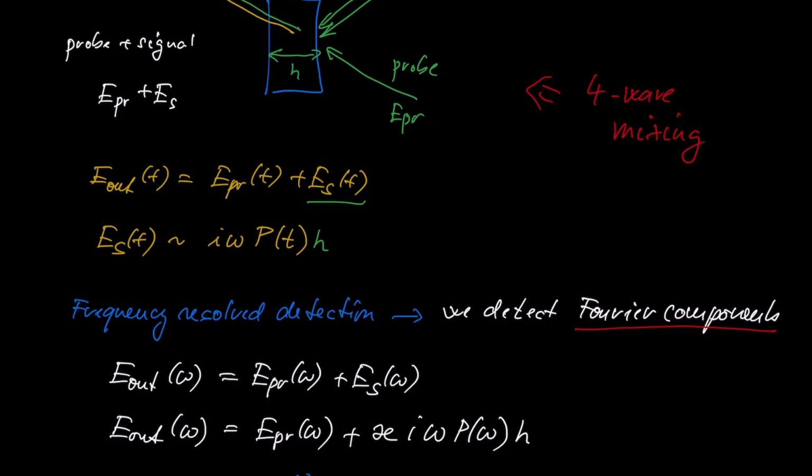But let's assume that we indeed want to detect a signal field without a background, in a way in which we will have to give it an artificial background, a so-called local oscillator, and basically detect it completely independently of the probe pulse, of the third pulse. This will give us more flexibility in that we can really separate the two pulses that are in theory inside our first pulse in the pump probe scheme.